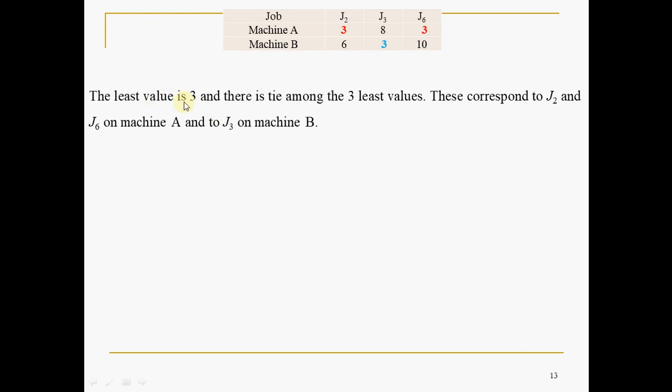The least value is 3, and there is a tie among the least values. This becomes like case 3. This 2 you can ignore. This corresponds to J2 and J6 on machine A and J3 on machine B. So the 3, 6, 3, 10 combination you take.